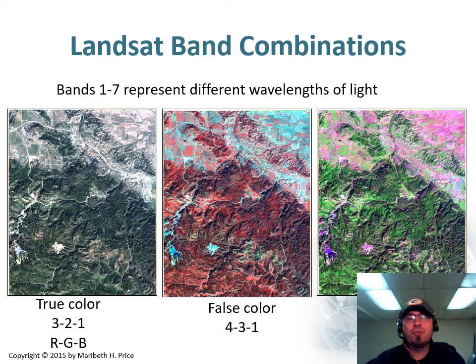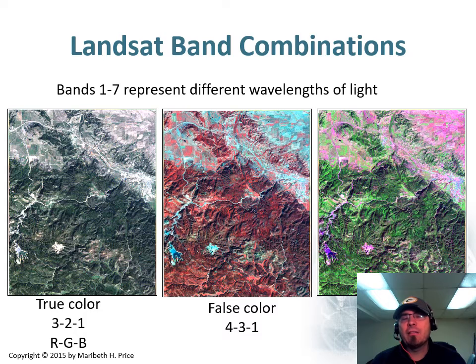For example, you have true color, false color, and then sort of a hybrid. And each one of these is used for different purposes. For example, true color is obviously what we're using with our naked eye. False color is used for things like urban growth. This is a branch of science called remote sensing, which you can do a little bit in ArcGIS, but there's programs such as ERDAS and Idrisi that are much better at it.